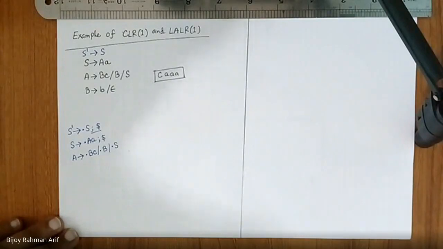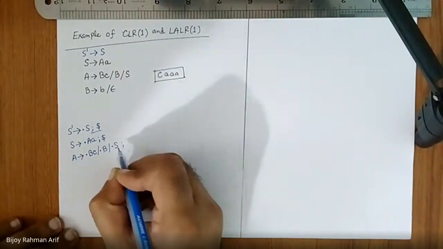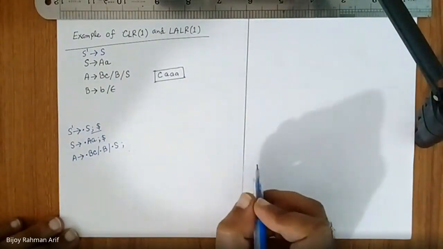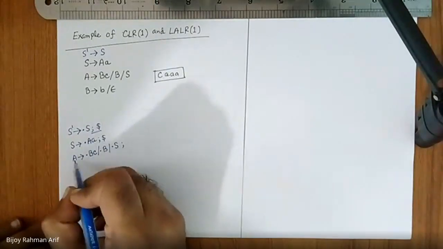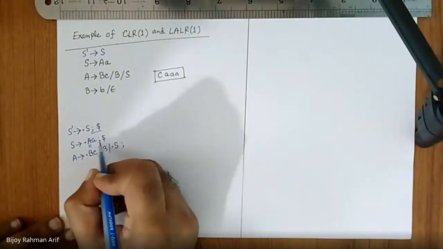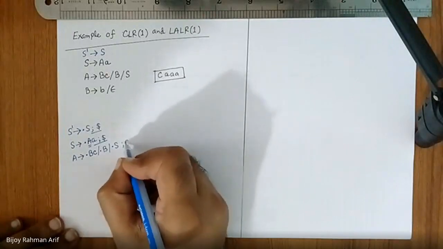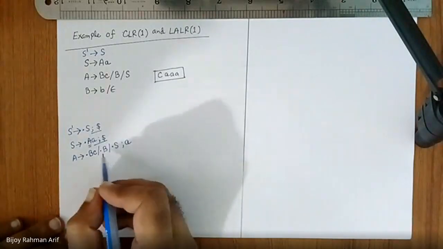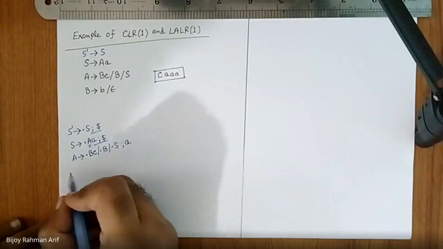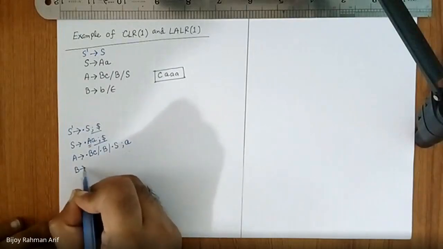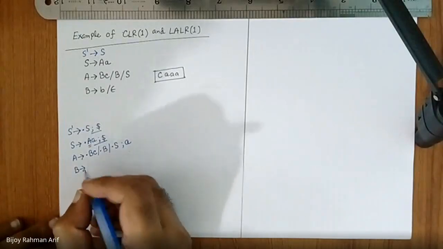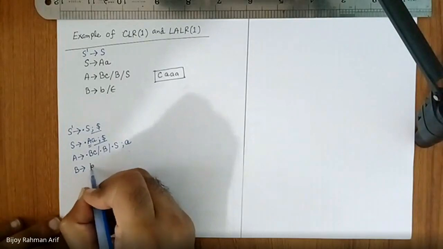Now what will be the look ahead? You add this production because of this A. Just after this A is small a, so the first of this is a. Now again you have to add B derives dot B or epsilon.